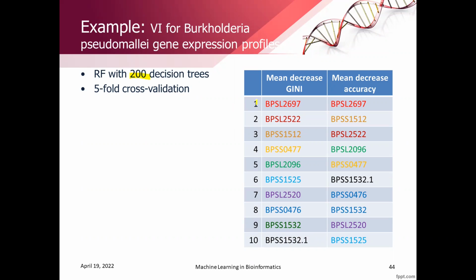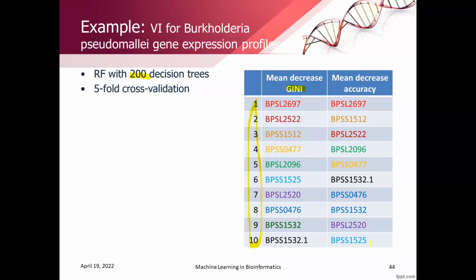And here are the top 10 variables with the highest importance using the decrease of Gini. And in the last column, there is also the top 10 attributes based on the mean decrease of accuracy.